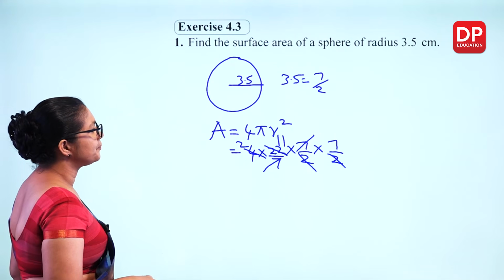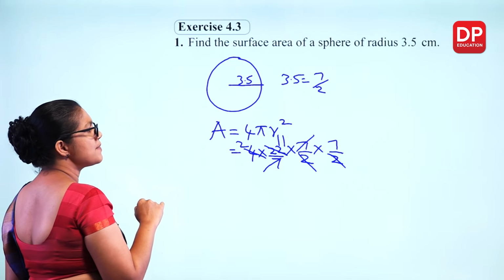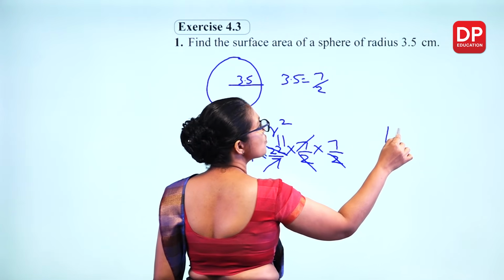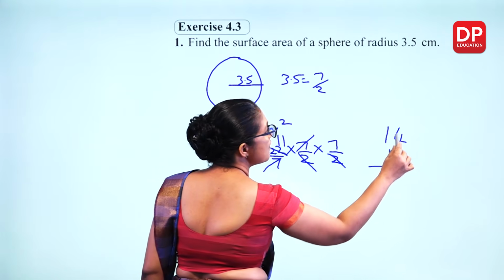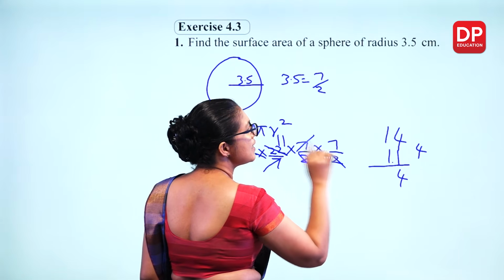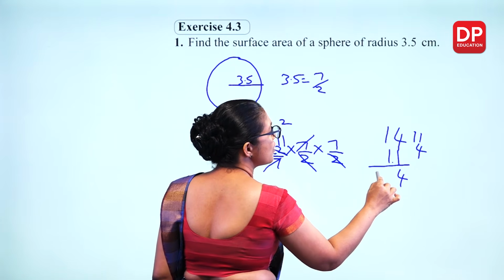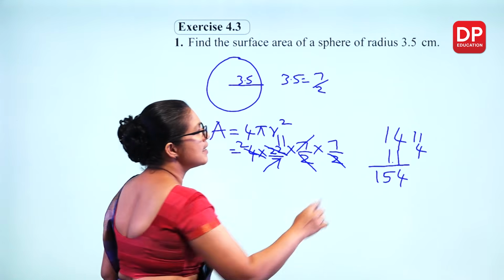So you get 2 times 7, 14. 14 times 11. So 14 times 11 is 11 times 4, 44. 4 remaining, 11 times 1 is 11. 11 plus 4, you get 15. So here you get 15.